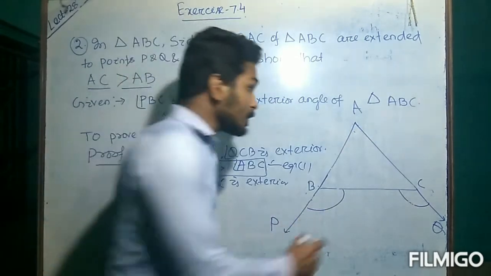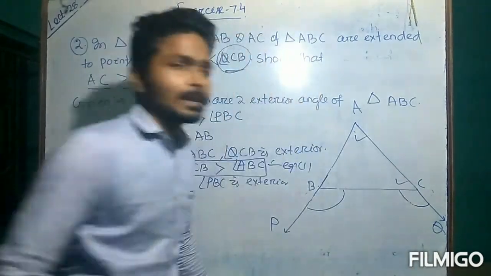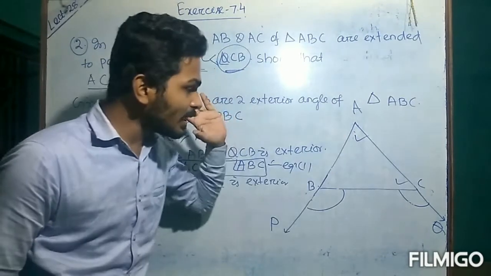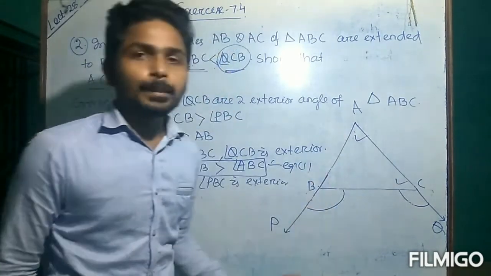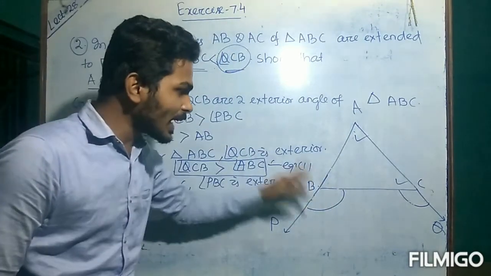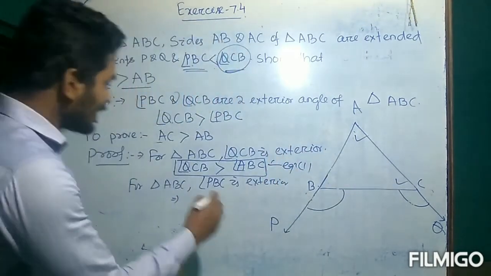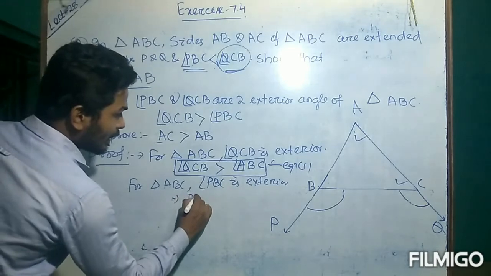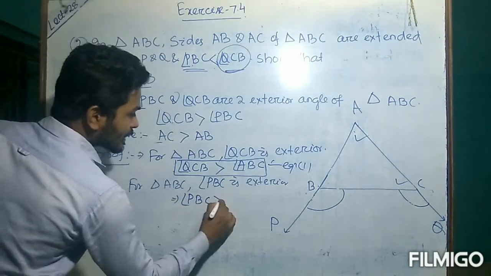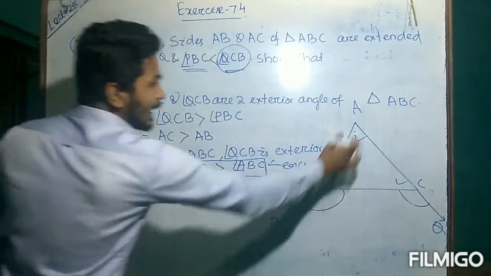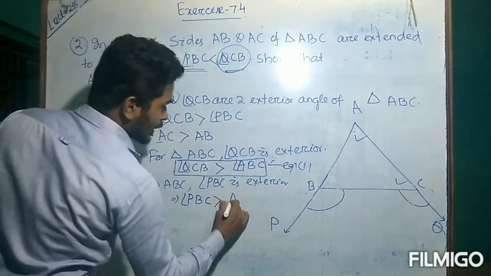For this angle, the two interior opposite angles are this angle and this angle. That means this angle must be greater than this angle and this angle must be greater than this angle. So for the requirement of the question, I have to take this angle is greater than this angle. So we write: angle PBC is greater than angle ACB.